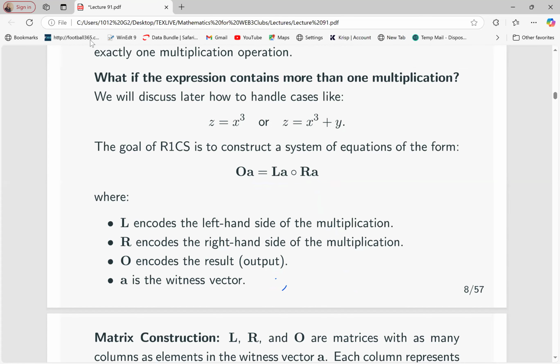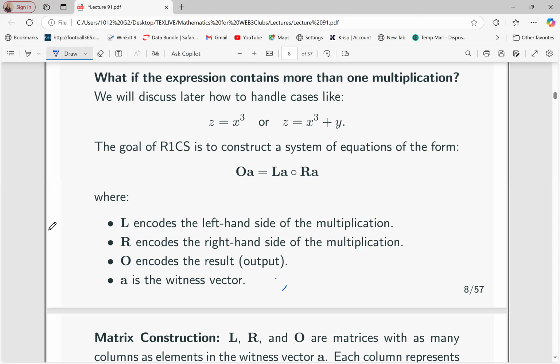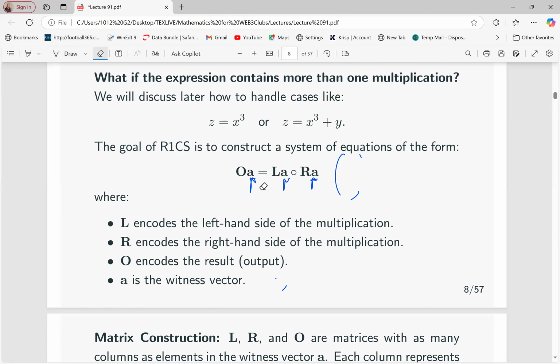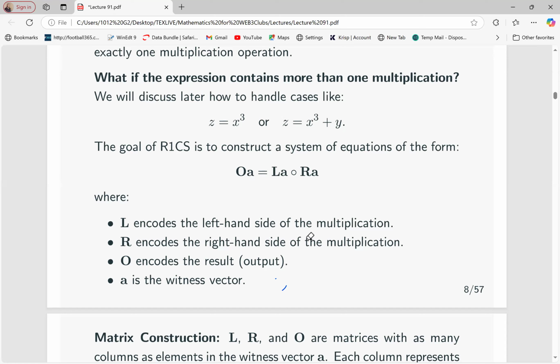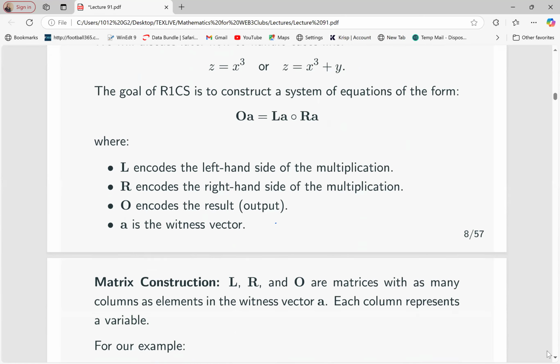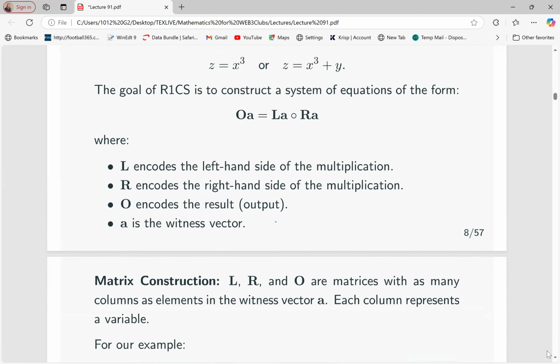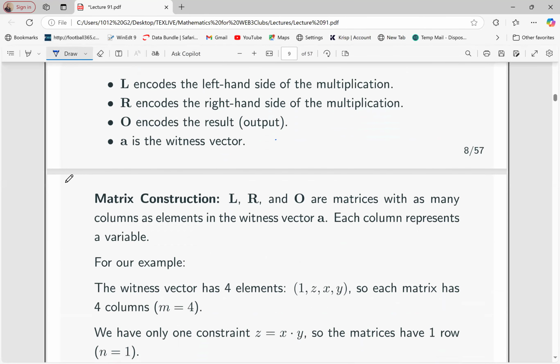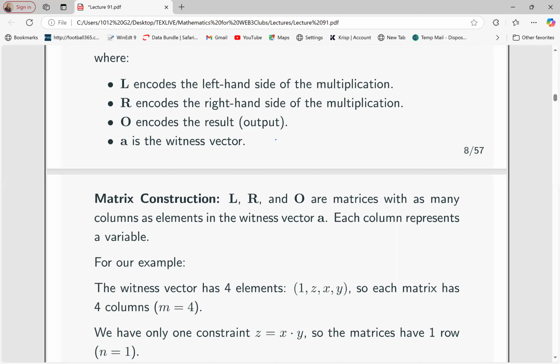Of course, we already know how to come up with A. Our A is our witness, but again, we'll be writing it in column form, the same way I've shown before. The most interesting part is how we come up with the left-hand side matrix, and also the right-hand side.